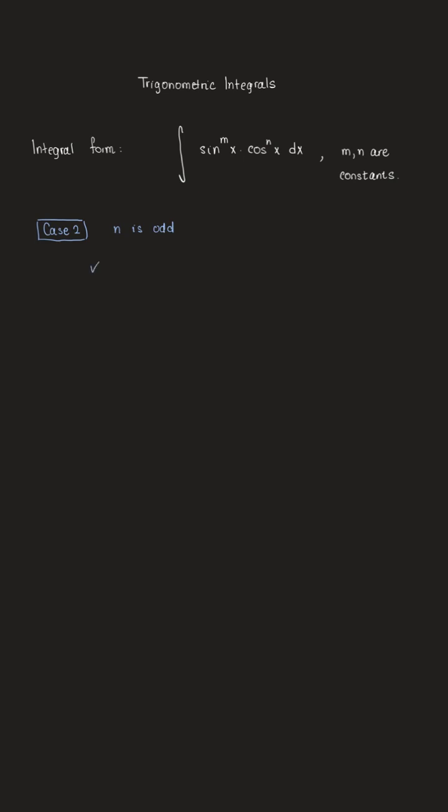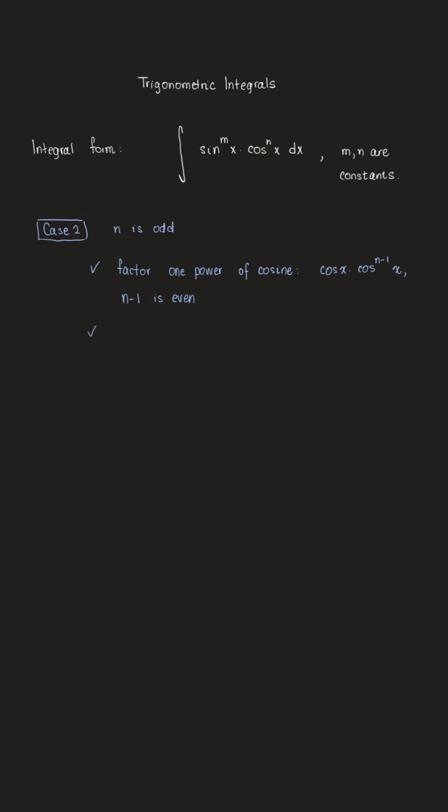The first thing that we're going to do is factor out one of the powers of cosine. So we would have something like cosine of x times cosine to the n minus 1 of x, where here n minus 1 is an even number since n was odd.